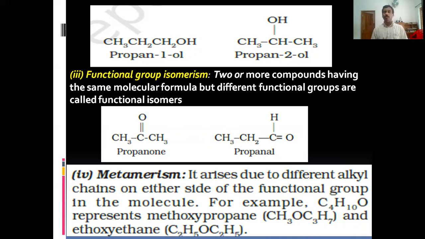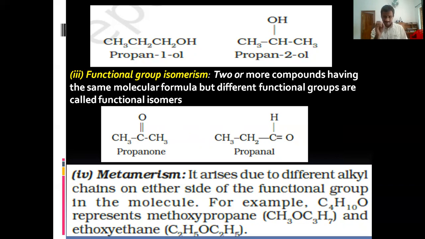It arises due to a different number of carbon atoms on either side of the functional group. In the case of ethers, we know divalent oxygen is the functional group. So on either side of the functional group, there are different alkyl groups.